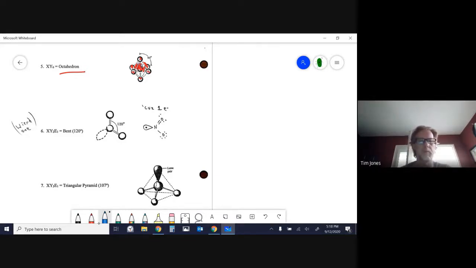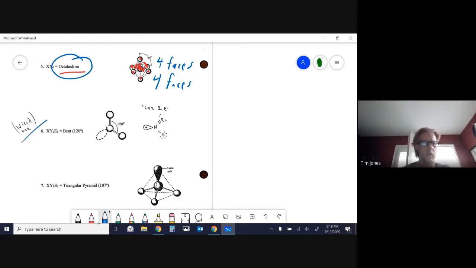And so there would be 4 faces on the top half, and there would be 4 faces on the bottom half. And that's what it's named for, the number of faces, as if you were making an actual structure of these things. And that's why octahedron makes sense.